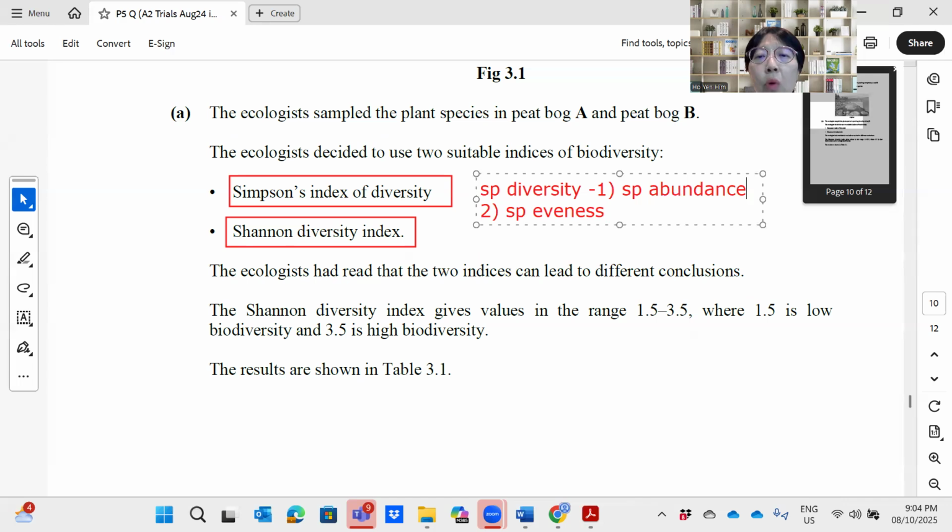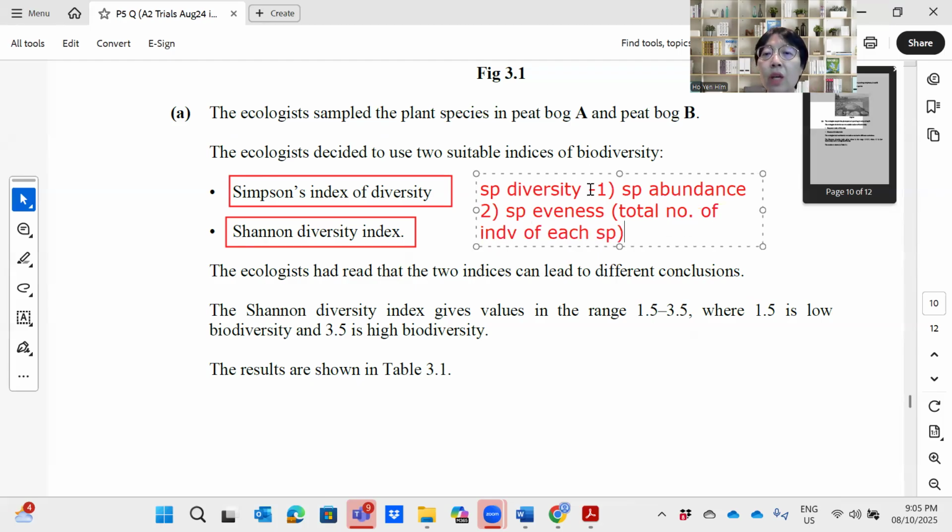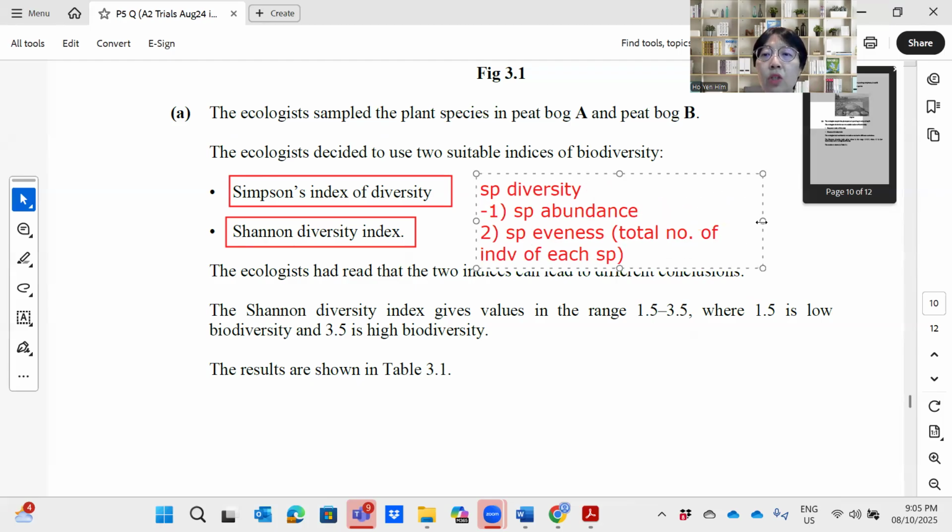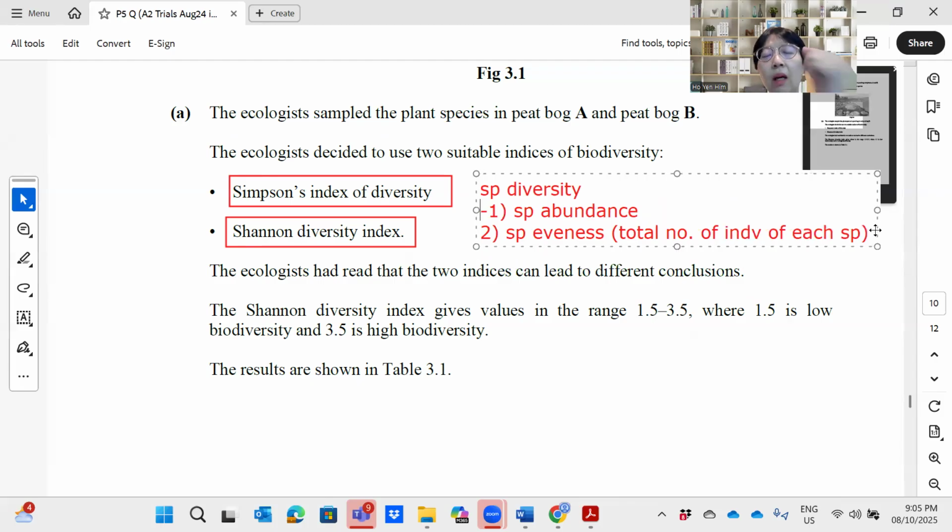Number 2, total number of individuals of each species. So this is from theory what we have learned about species diversity, and this particular experiment is actually finding out species diversity using a species diversity index. But then we do not know the second index. What is the formula?